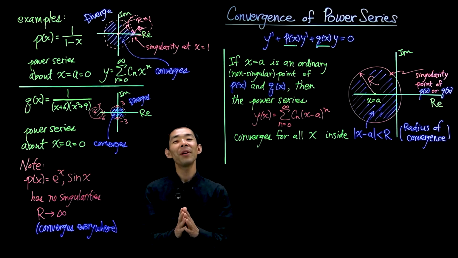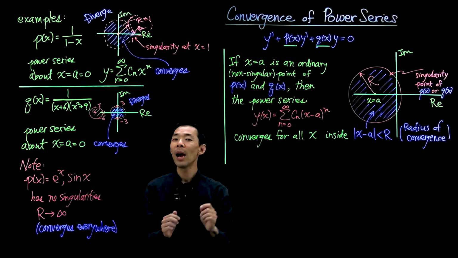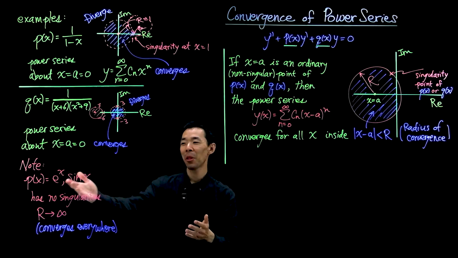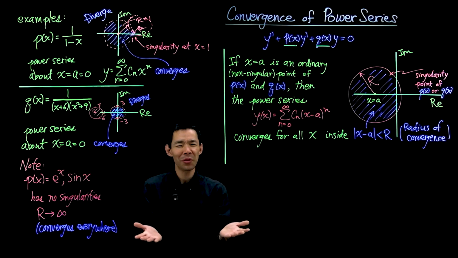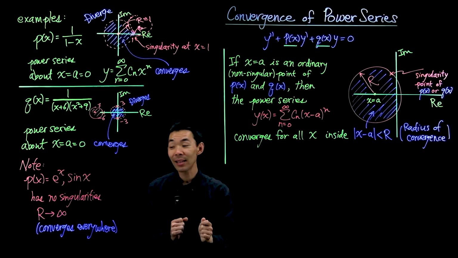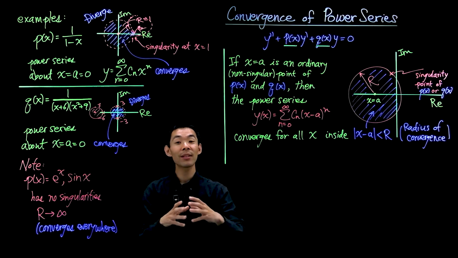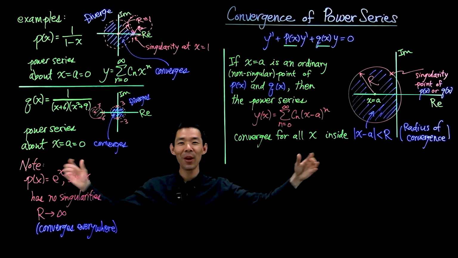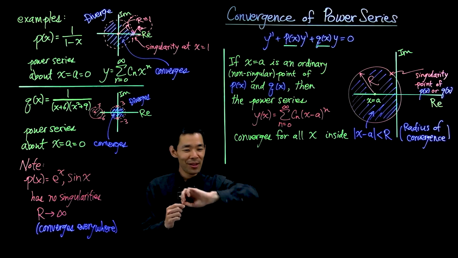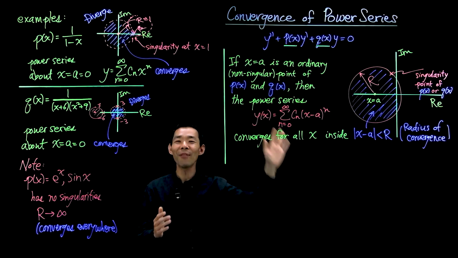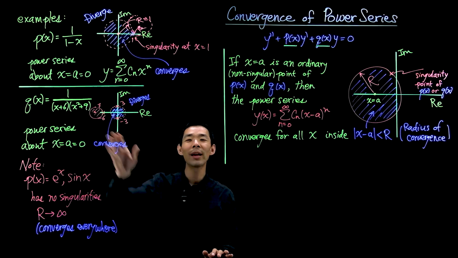Now, if your coefficients p and q have no singularities, like exponentials, sines and cosines, or just no singularities in general, then you have a radius of convergence of infinity, which means that about your expansion point of the power series, your solution is going to converge everywhere along the real and complex planes.